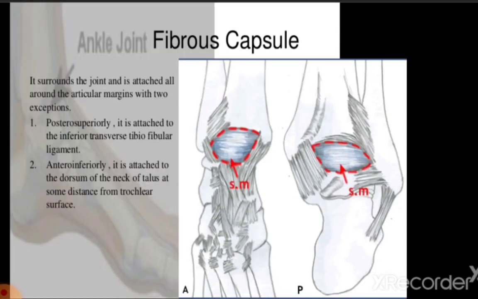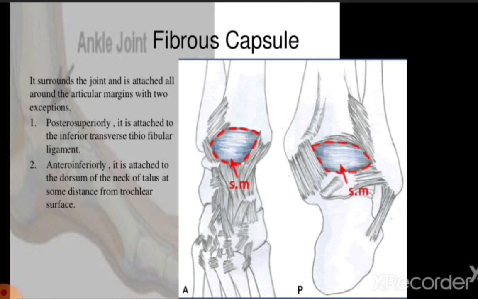Now the fibrous capsule. For any synovial joint, the first ligament is the fibrous capsule. So this fibrous capsule surrounds the joint and is attached all around the articular margins with two exceptions, means at 2 points it is absent.